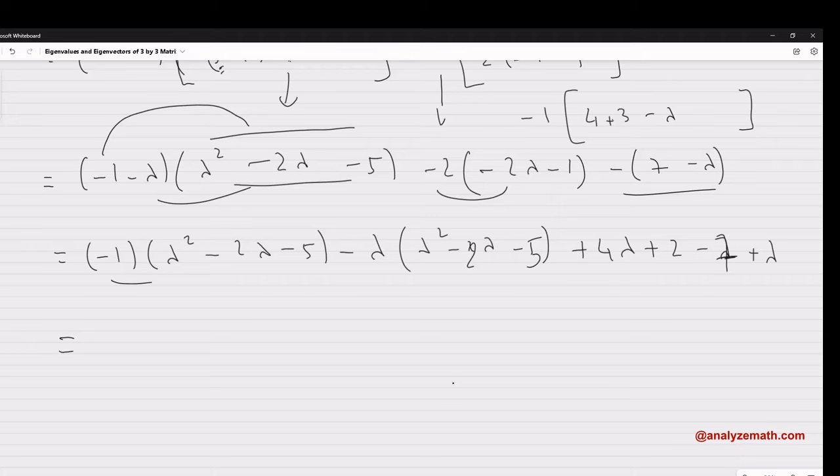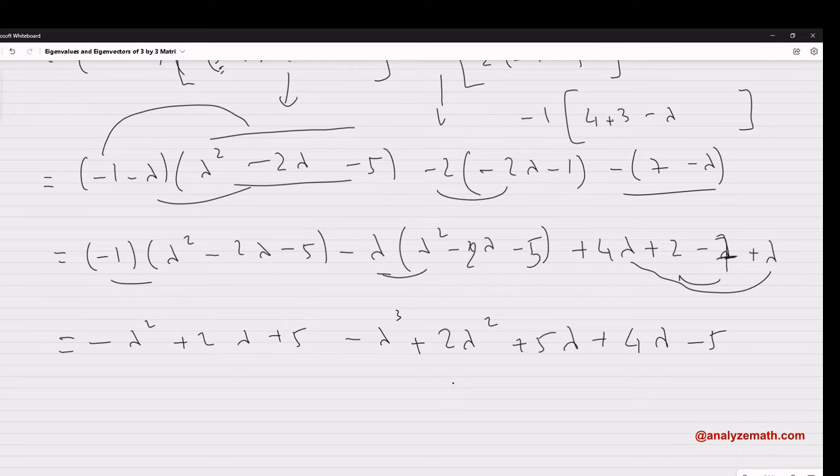Let's do this and this first. So very quickly, negative lambda squared plus 2 lambda plus 5. And then here minus lambda cubed. I'm doing this now. Plus 2 lambda squared plus 5 lambda plus 4 lambda. Then 2 minus 7 minus 5. And this lambda with this 4 lambda, 5. Let's put 5 straight away.